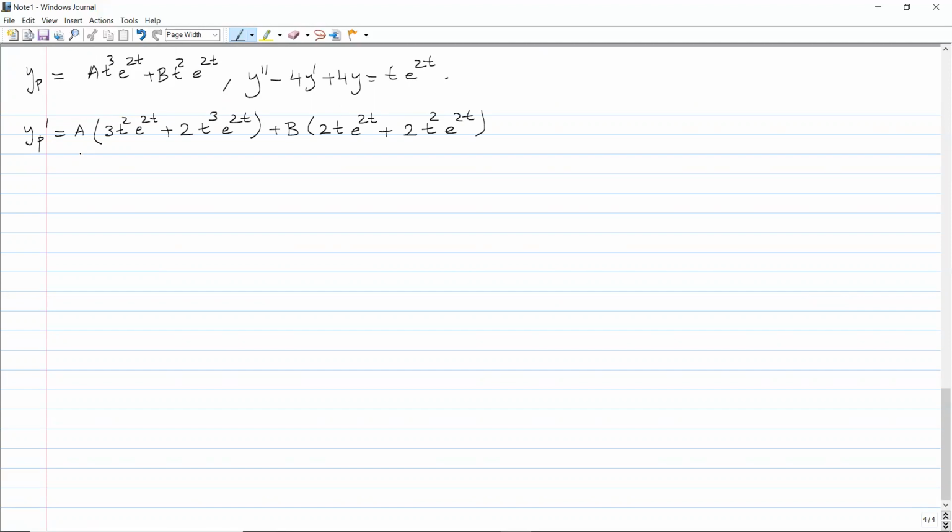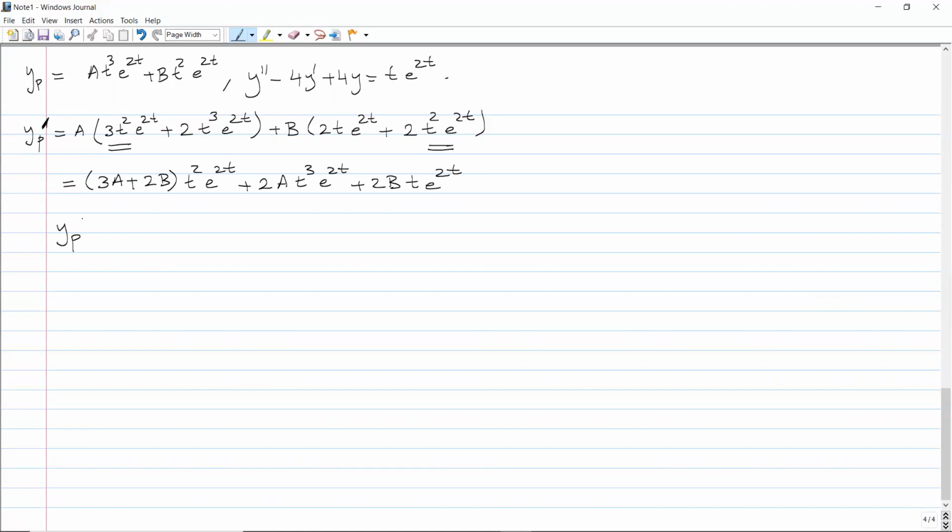And what I'm going to do is combine the like terms. I have two terms with t squared e to the 2t. So in the first term, the coefficient is 3a, plus in the second term, it is 2b, times t squared e to the 2t. And then we have 2a t cubed e to the 2t plus 2b t e to the 2t. So that's our first derivative.